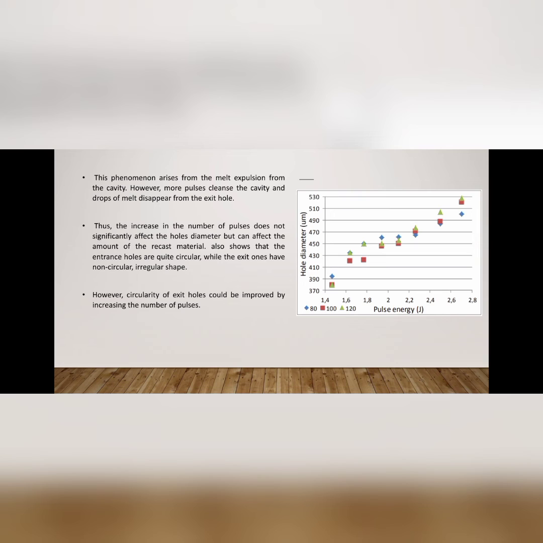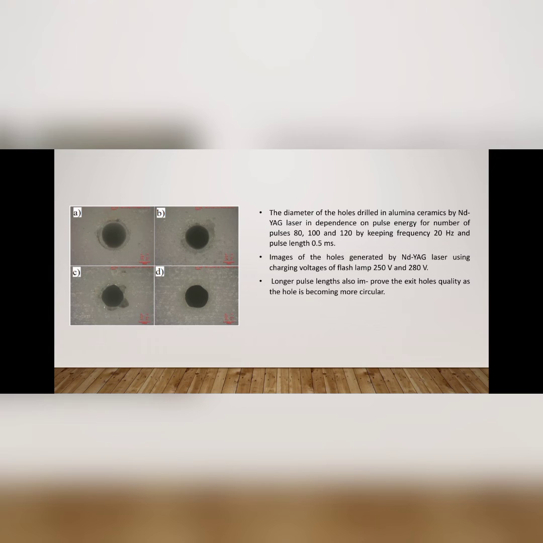However, with more pulses the cavity clears and the drops of metal disappear from the exit holes. Thus, the increase in the number of pulses does not significantly affect the hole diameters, which can be affected by the material, and it also shows that entrance holes are quite circular, with exit holes non-circular and irregular in shape.